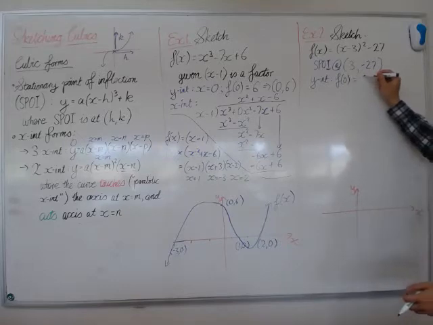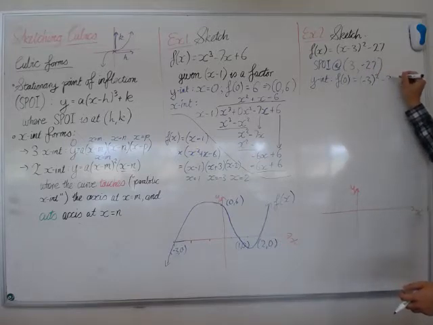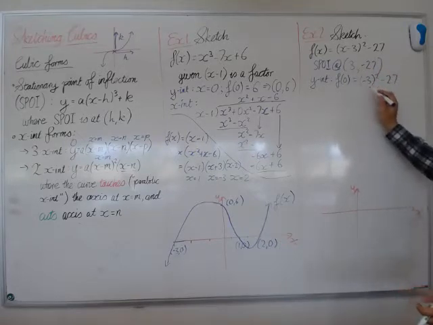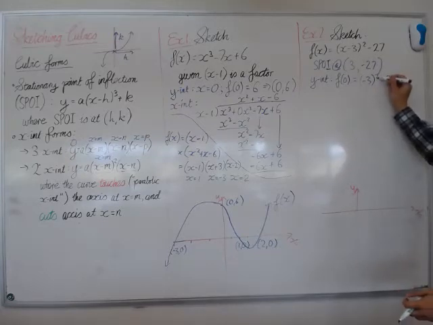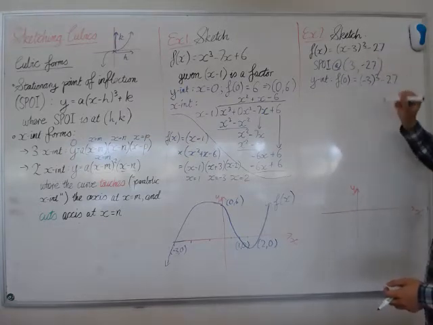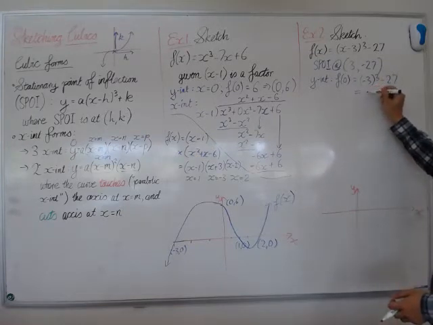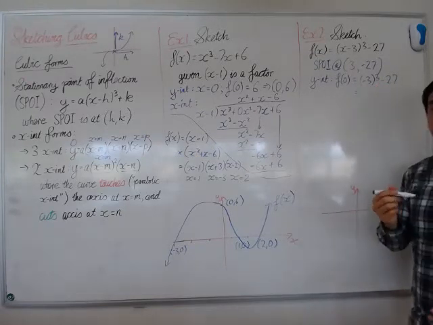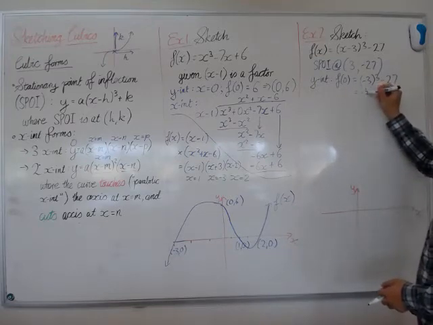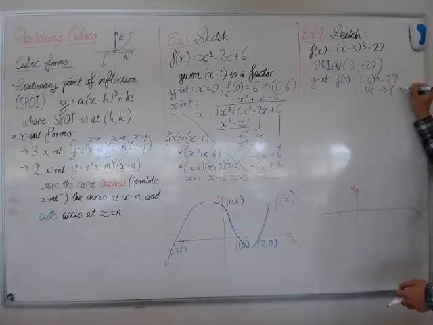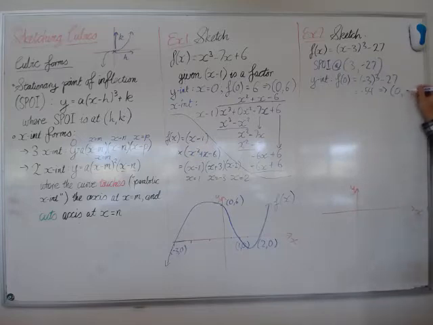So this means we're going to have negative 3 squared minus 27. Not squared, so all these should be cubed. We're working with cubics here. We're going to have negative 3 cubed. So it's negative 27 minus 27, which should give us negative 54. So our y-intercept is at 0, negative 54.